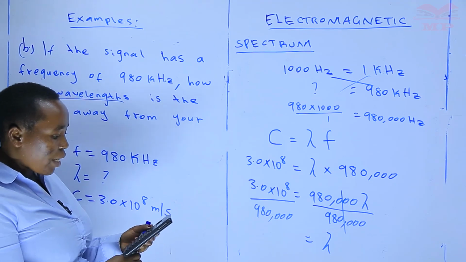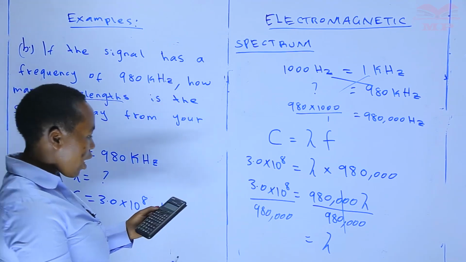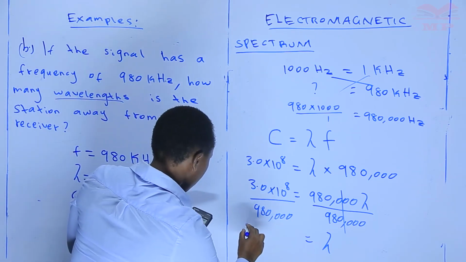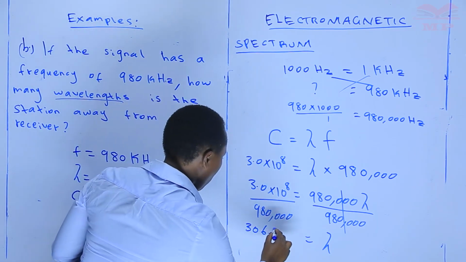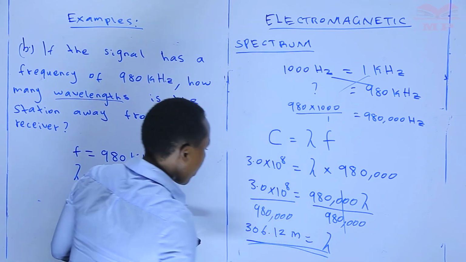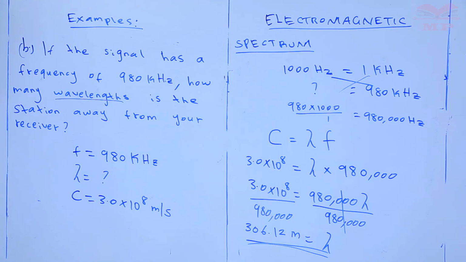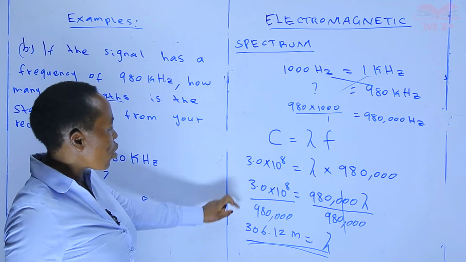So we end up getting the wavelength as 306.12 meters to 2 decimal places. So that is the wavelength. That's what we are asked in this question.